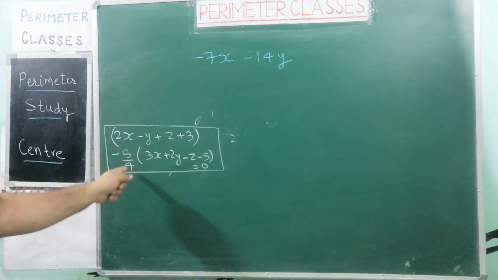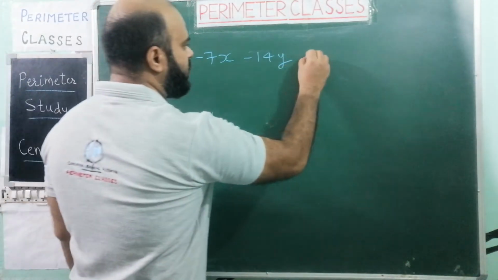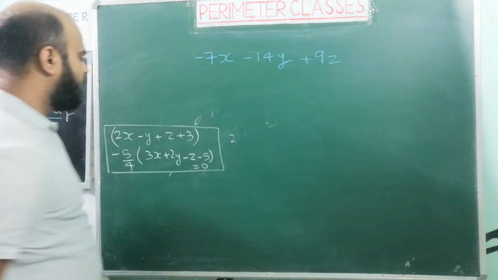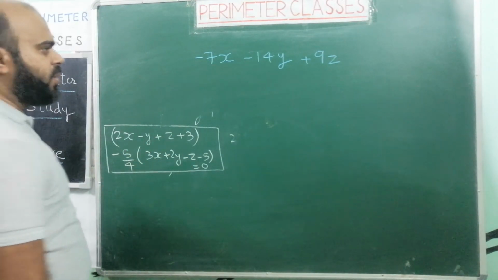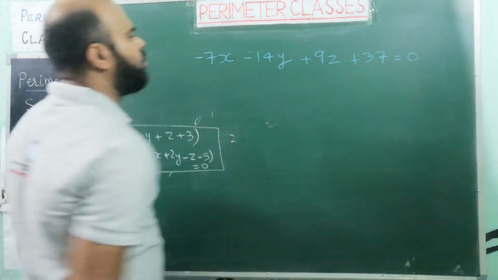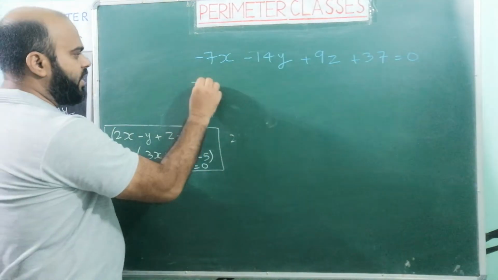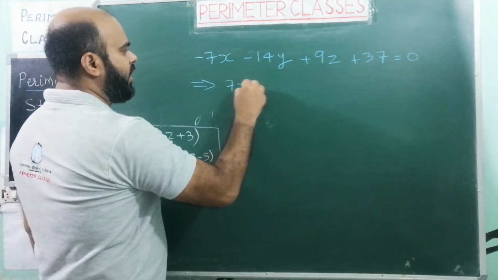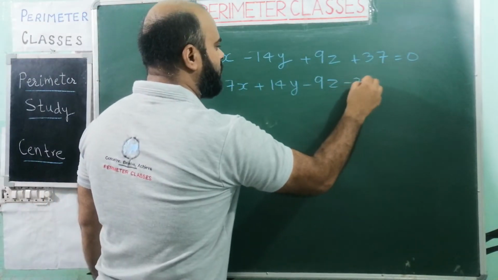In case of z, you will get 4z and here you will get 5z, so 4z plus 5z is 9z. Here the constant is 12, and here it is 25, so 25 plus 12 is 37, equal to 0. So you can say that this is the particular plane, or we can write it like this also, after taking minus as common here. This will be your answer.